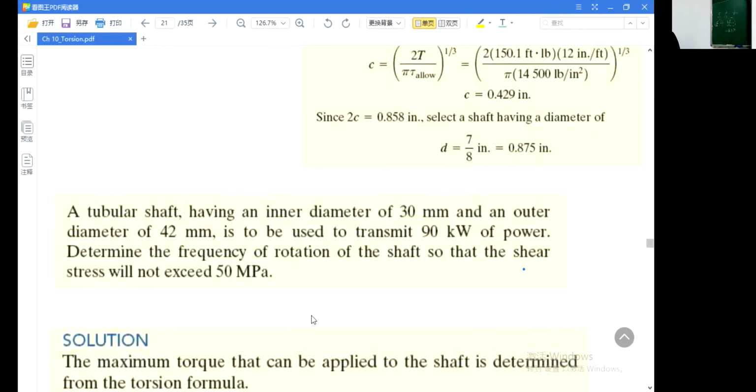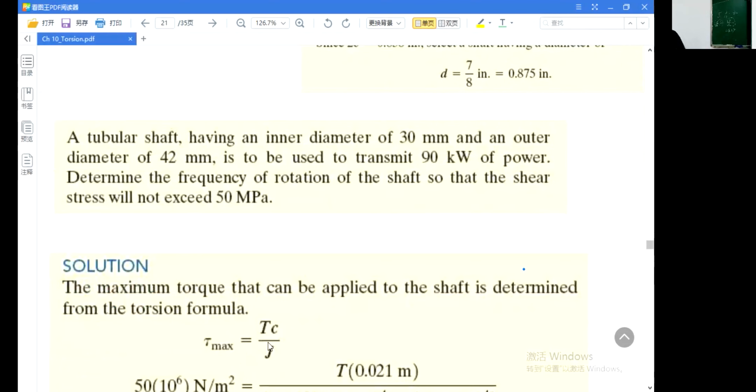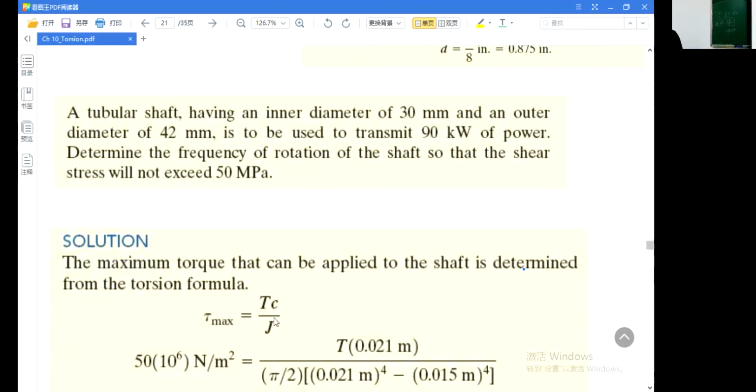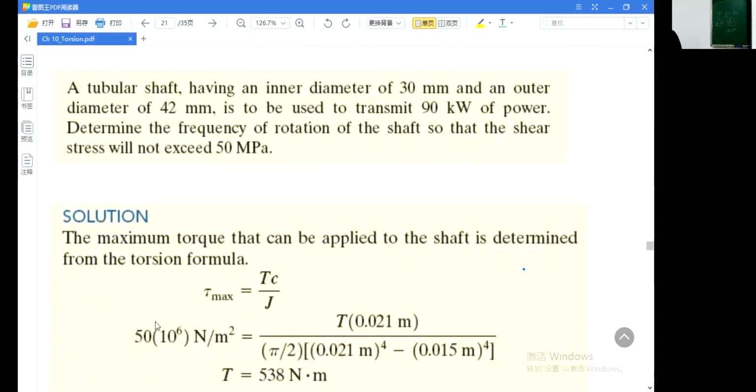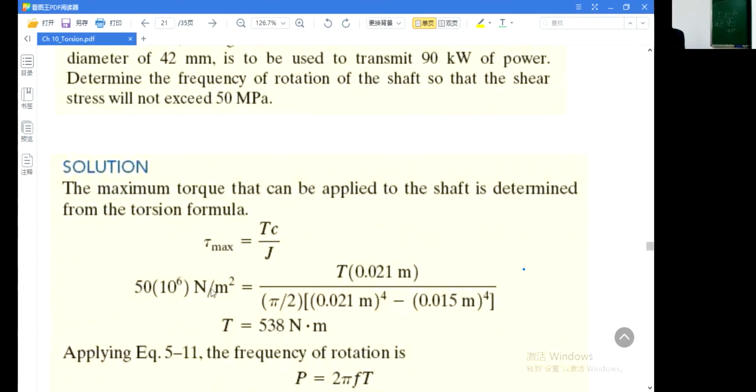At first, we know tau max is Tc over J. That is the formula. Tau max is 50 megapascal, so 50 Newton per square meter is tau max.